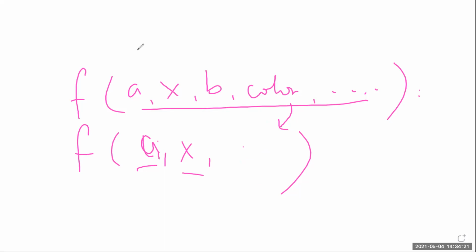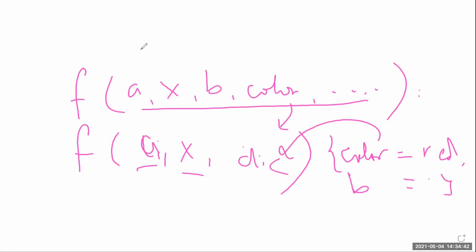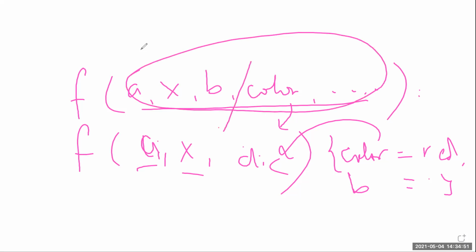In the dictionary you will put something like input, color equals red, comma, B, which represents something equals what? This one you put here. So this is an example of refactoring. Instead of a very long parameter list, you put it into a simpler one.